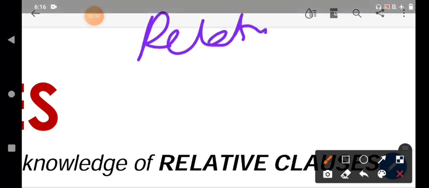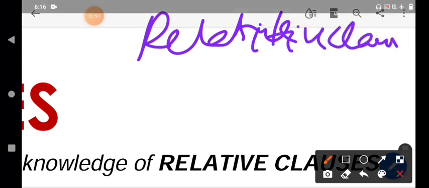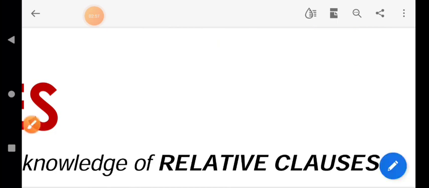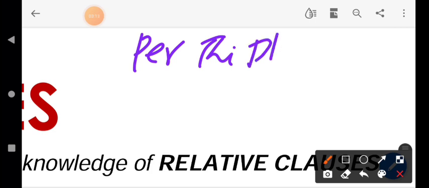But basically, we have to have some knowledge about the relative clause. But what is the knowledge? Basic knowledge. I will give you a brief introduction. For example, relative pronouns: person, things, place, time, and reason.